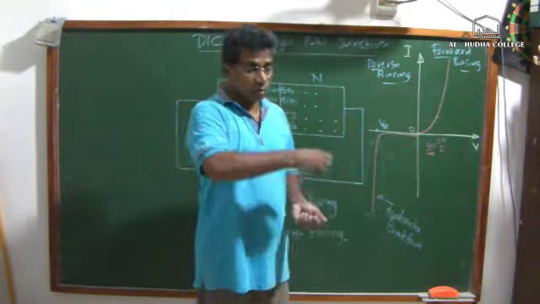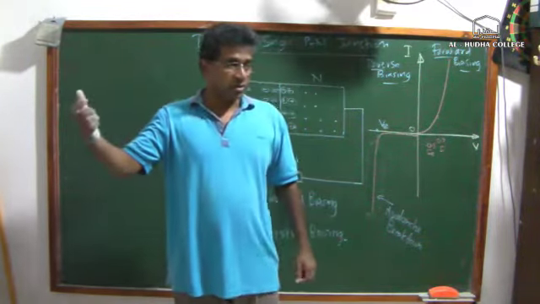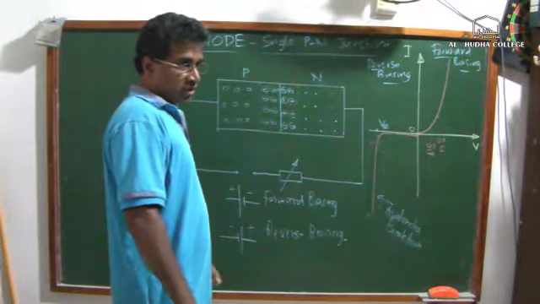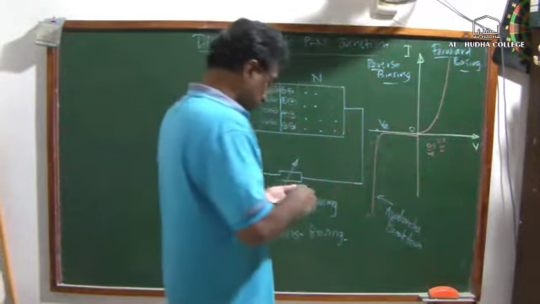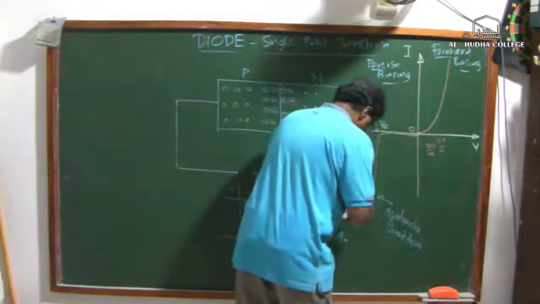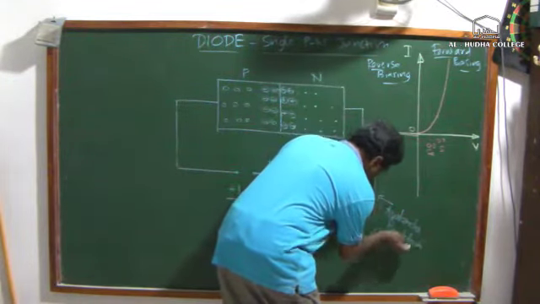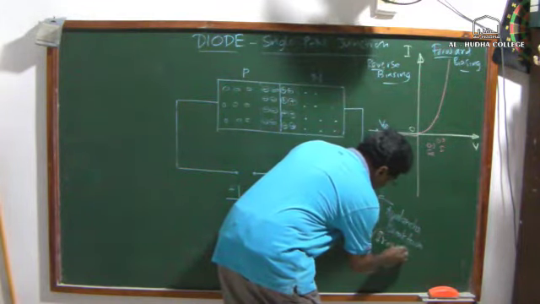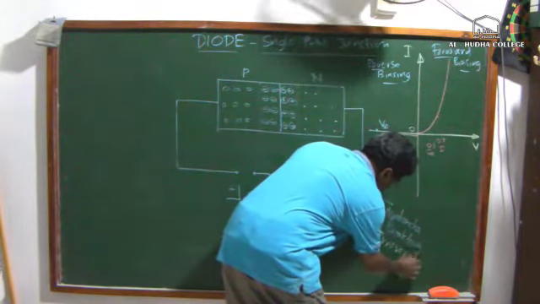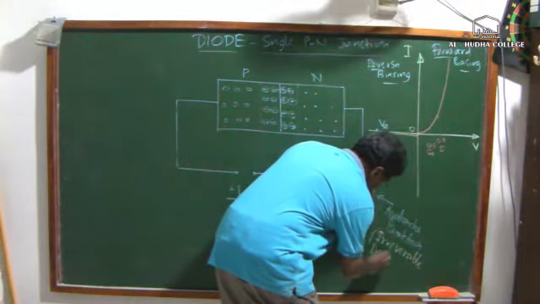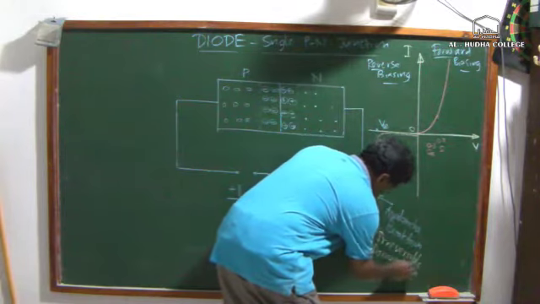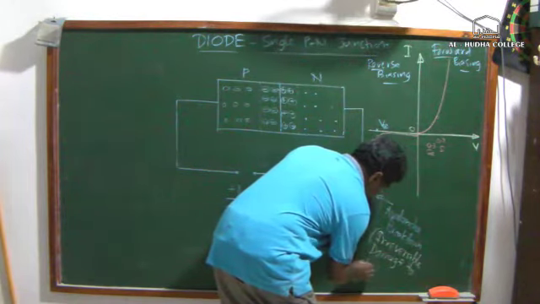That means if you remove the supply, the diode will not come back to its original state. It is permanent, irreversible damage to the diode.